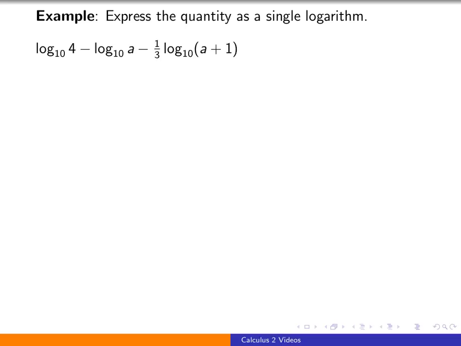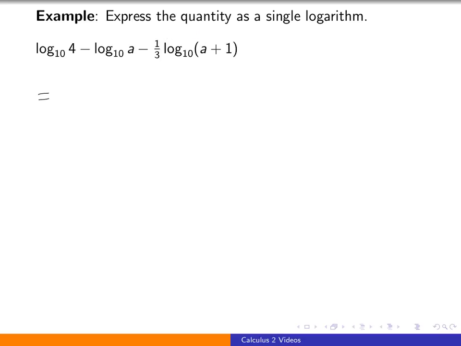One more example here, very similar in nature, but now I'm going to ask it involving a log with a different base. Those same properties hold, and involve some more general looking quantities, so in a, instead of necessarily all constants. The first thing I'm going to observe is we could combine these first two logarithms together, and then secondly we can take this 1/3 and make it a power inside the log.